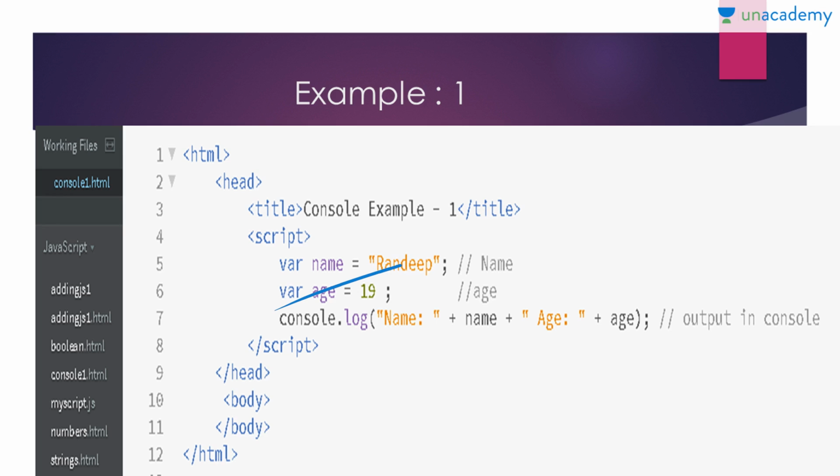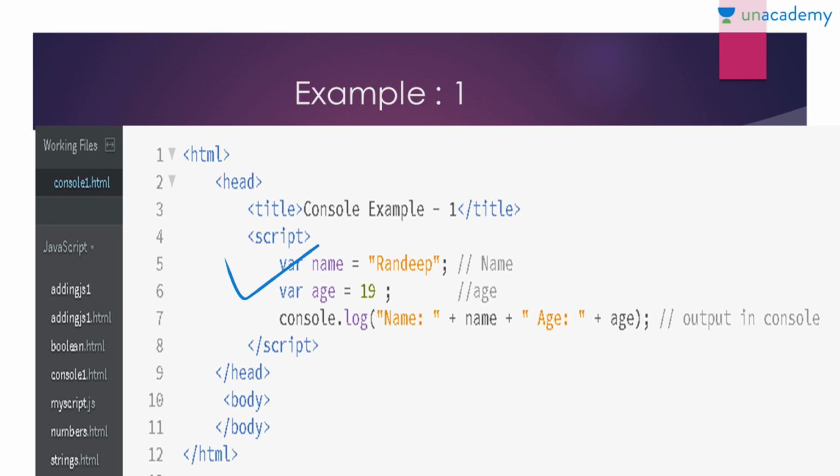So here we are using a variable named name, and the value or the data that we have given to it is a string, which is Randeep. This is the first variable that we have declared.